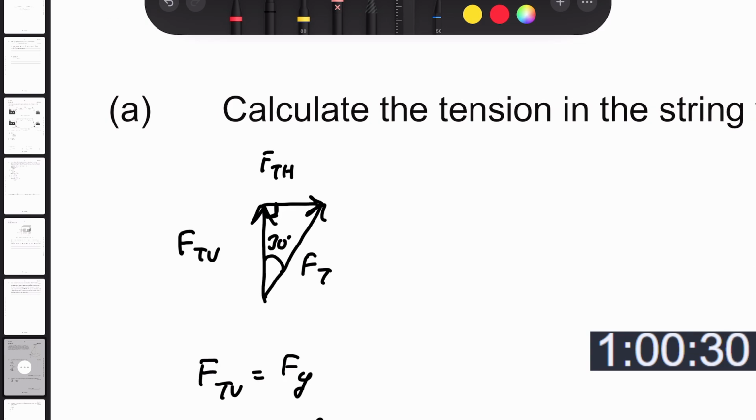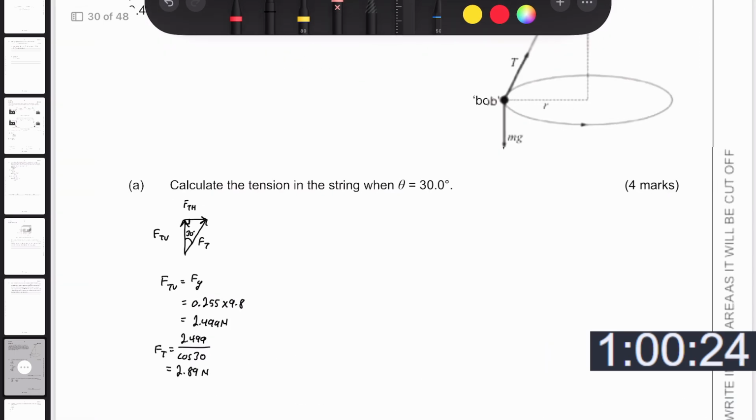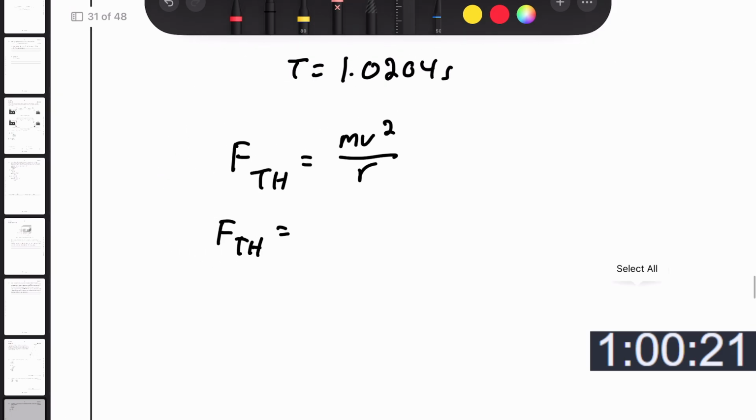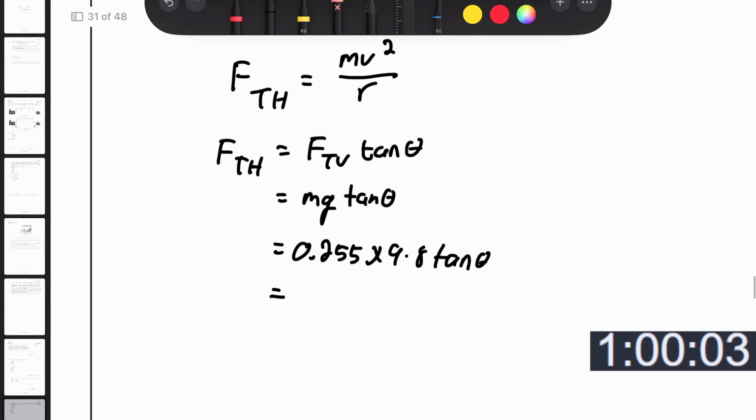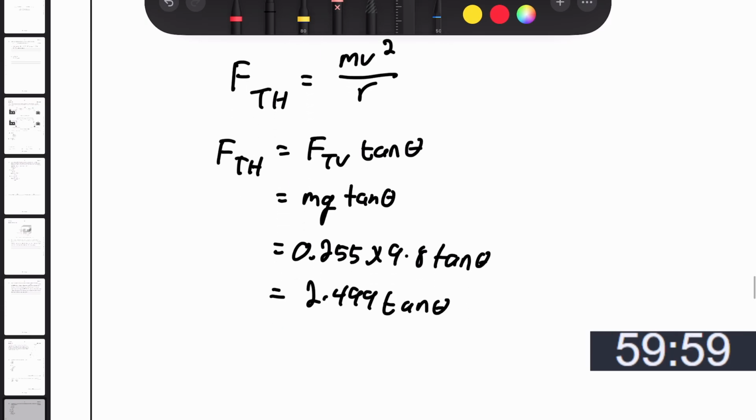And force of tension horizontal now is going to be, tangent is opposite over adjacent. I know my adjacent, I don't know my opposite. So it's going to be tan of theta, or F_T vertical tan of theta, which is mg tan of theta. It's going to be 0.255 times 9.8 tangent of theta. So again, 2.499 tan of theta.